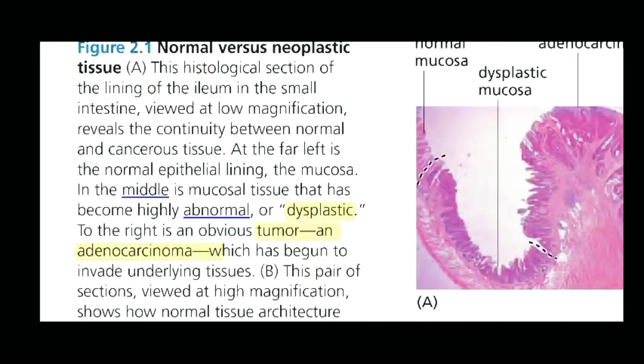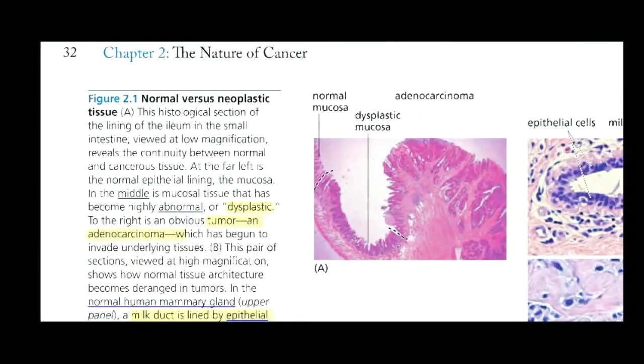The difference between normal tissue and dysplastic tissue is that the number of cells, the shape of the cells, and the arrangement of the cells is different from that of normal cells. In the normal cell, these three things are properly arranged, with all the cells having a similar shape and normal cell growth. But in dysplastic conditions, these three things are disturbed. That leads to an abnormal structure development in the organs or tissue.